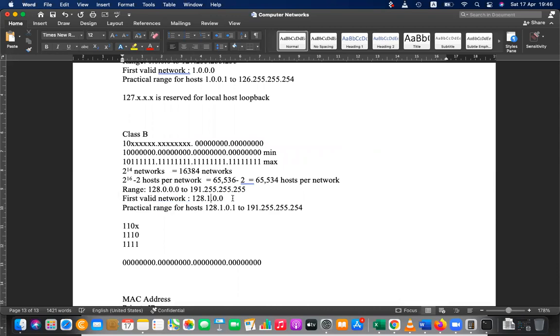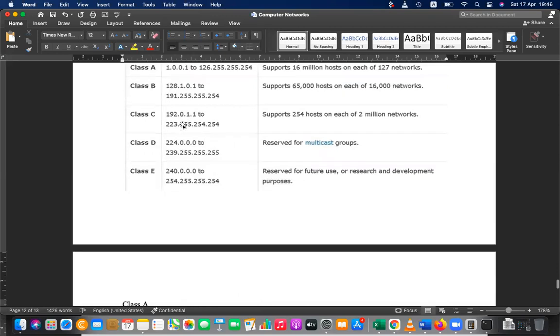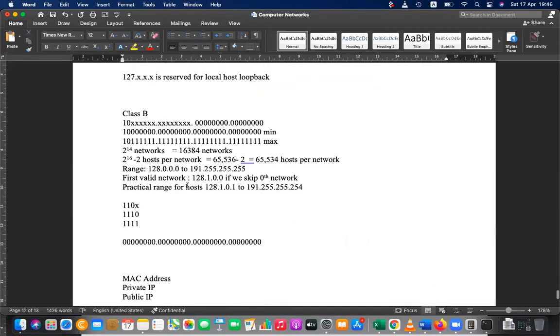If we skip the 0th network, I'll conditionally write that the first valid will be 128.1. The next ones, class C and class D, E networks, you can try alone.